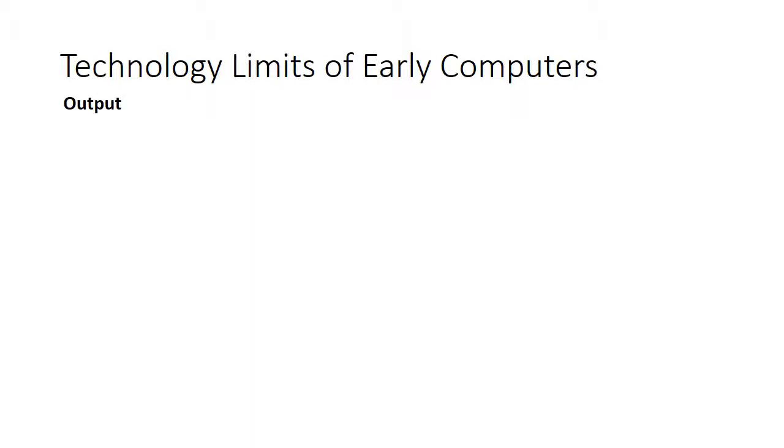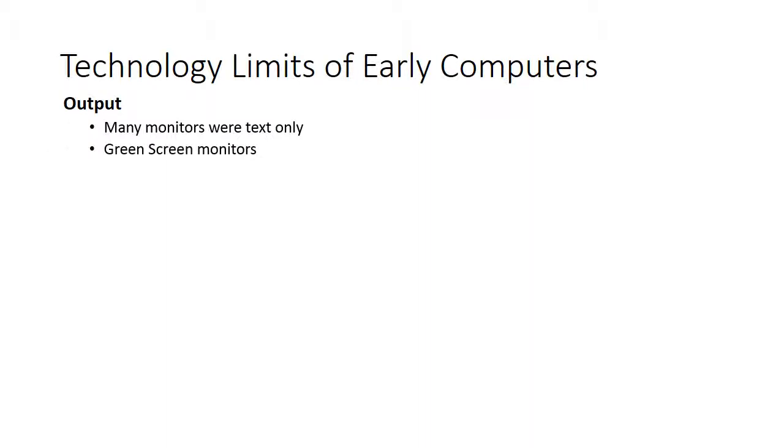I don't know if you remember, but output was restricted, in some cases, to monitors that had text only. The first two computers that we had here at FAU, when I was a graduate student back in the 80s, were Apple IIs and TRS-80 Model 1s, the so-called Trash 80. The TRS-80 only did text. There was no color, there were no graphics, just simply text.